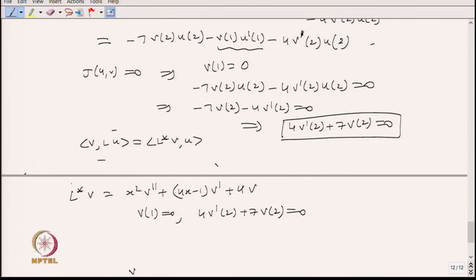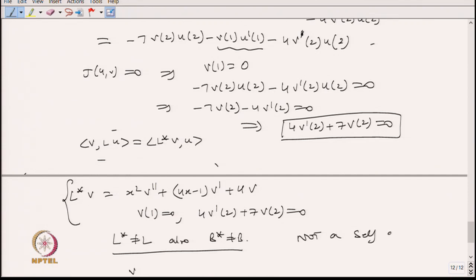So, this is my corresponding adjoint system, and you can see that my L star is not equal to L, also my B star is not equal to B. So, in this case I can say that this is not a self adjoint system.